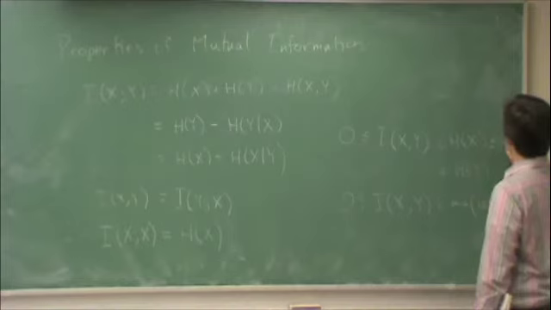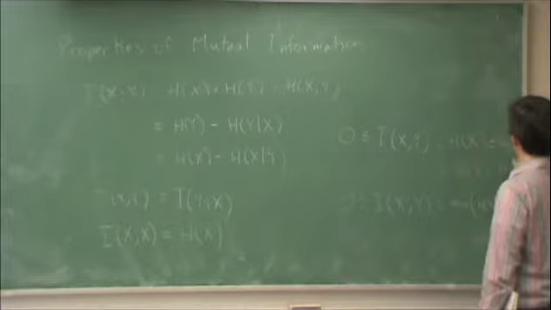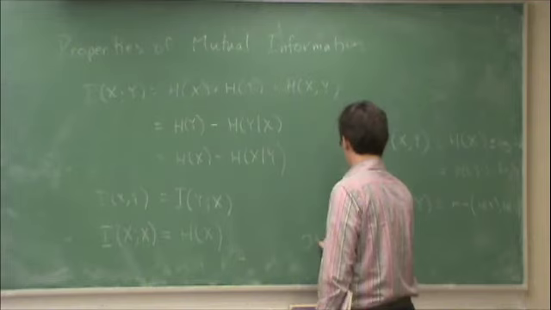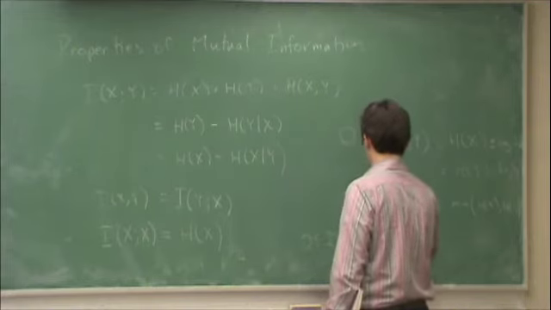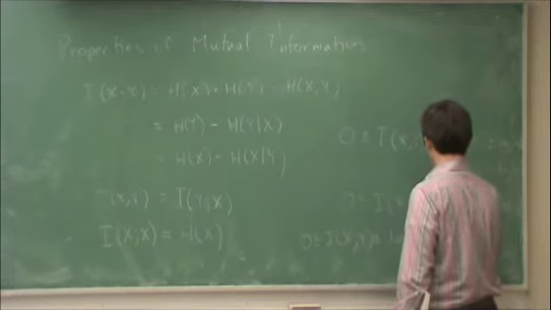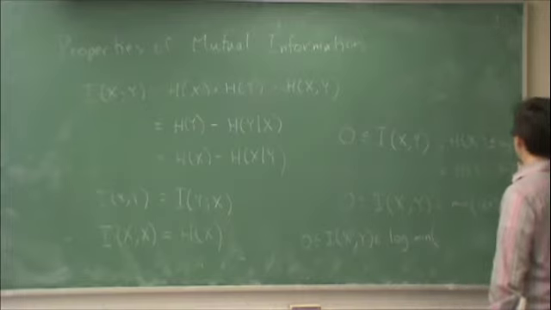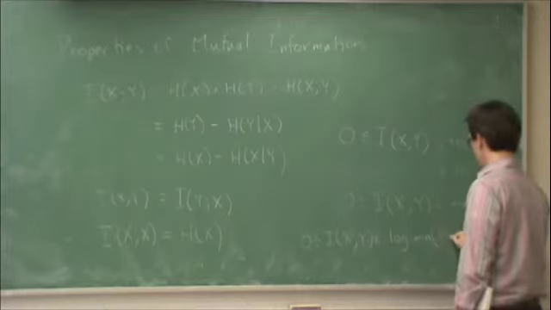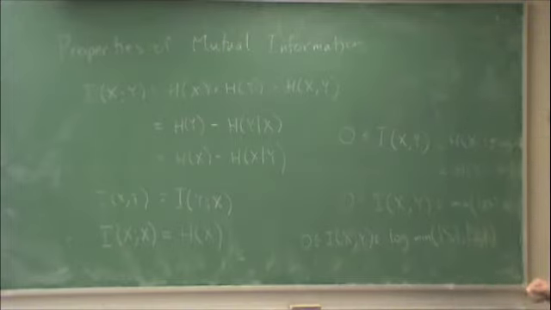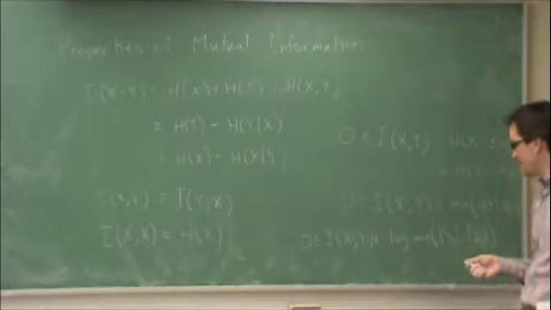Log of cardinality of S_x, and similarly this would be less than or equal to log of cardinality of S_y. So, more generally, 0 is less than or equal to mutual information between x and y, less than or equal to log of the minimum of cardinality of S_x and cardinality of S_y. So this is where your 1 would come in. If either x or y was binary, it would be 1.